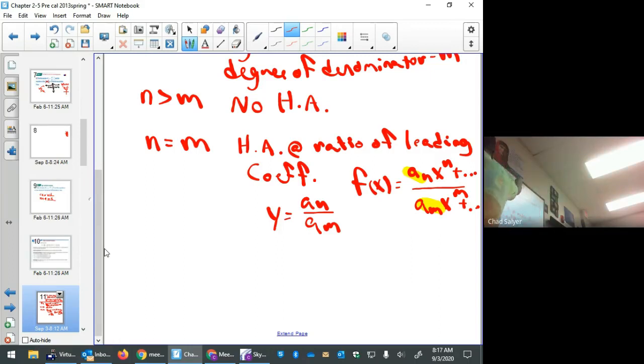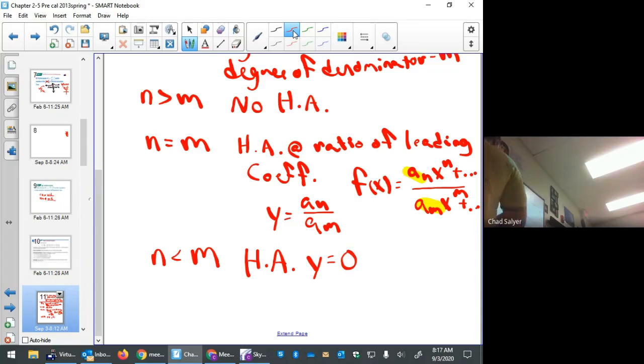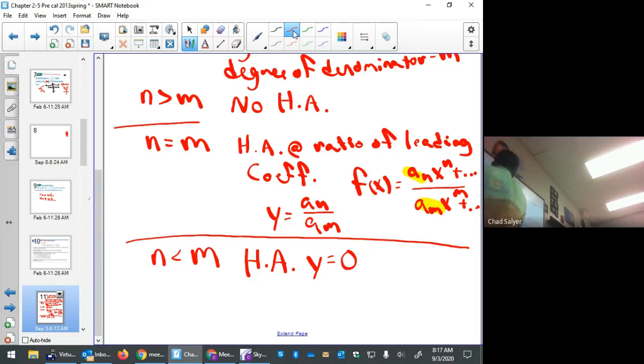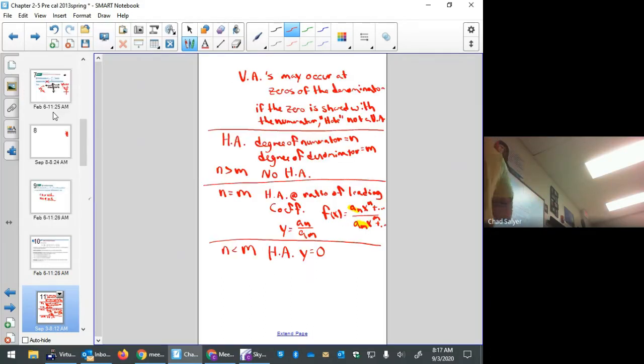And then the final scenario here is when n is less than m. In other words, the degree of the denominator is higher. And in this case, you've got a horizontal asymptote at y equals 0. So vertical asymptotes may occur at the zeros of the denominator.